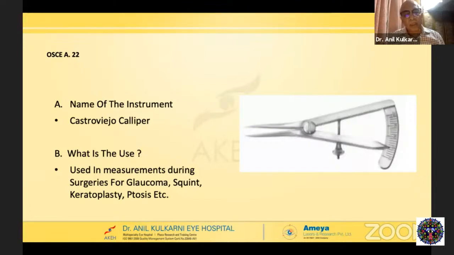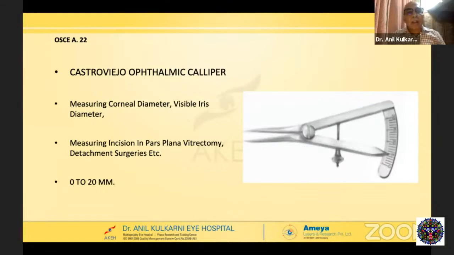It is used in measurements during surgeries for glaucoma, squint, keratoplasty, ptosis, and you name other conditions which you can remember. Basically, it is also used for measuring corneal diameter as well as visible iris diameter.